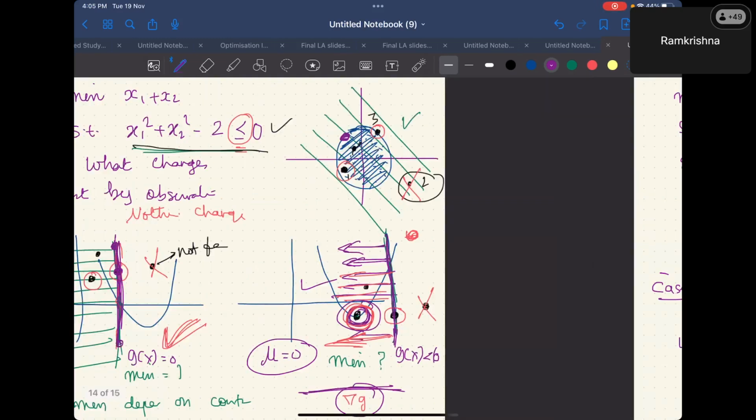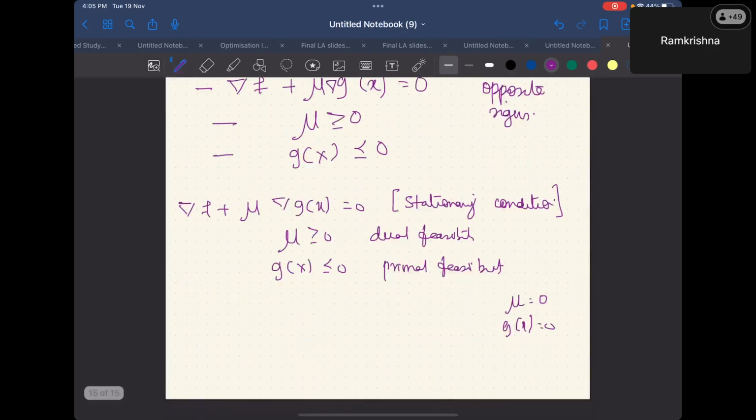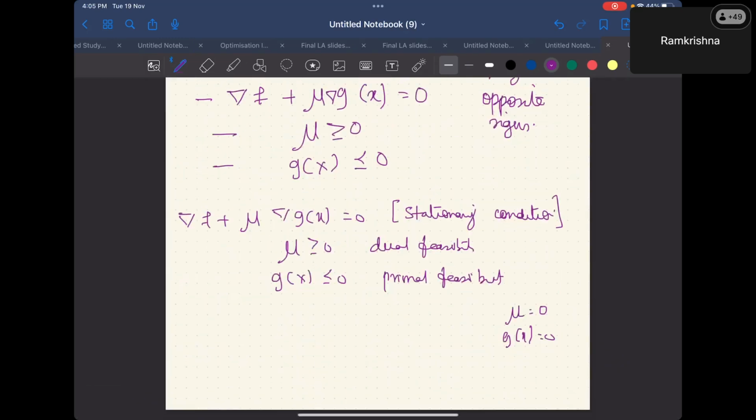So either mu equal to 0 or g of x equal to 0. Together, mathematically, I can write this as mu times g of x equal to 0, which I call the complementary slackness.